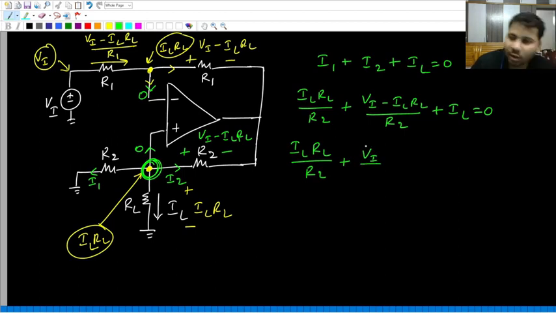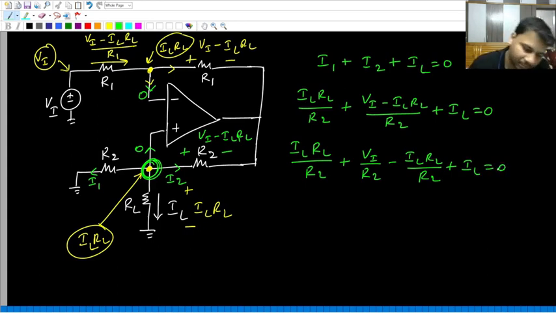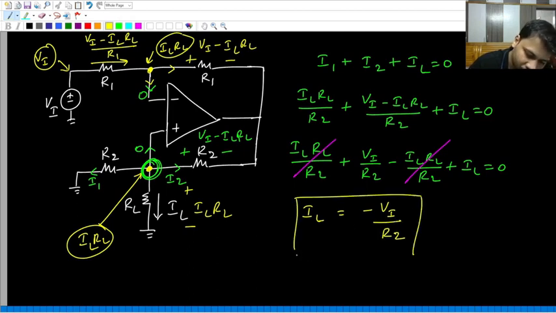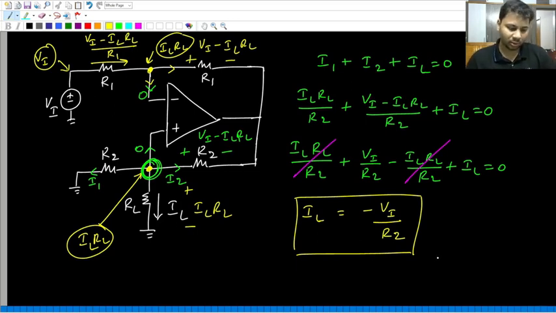The second term I'll split into two terms: Vi by R2, and minus IL RL by R2, plus IL equal to 0. IL RL by R2 minus IL RL by R2 cancel out. So the load current IL is minus Vi by R2. This is the final expression for the load current: IL equals minus Vi by R2. All of you please note it down up to this point.